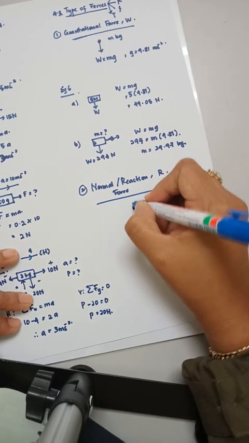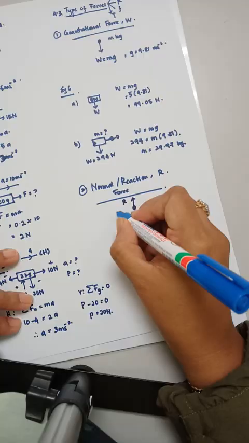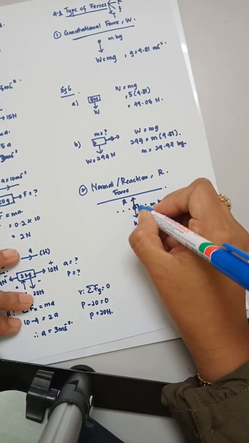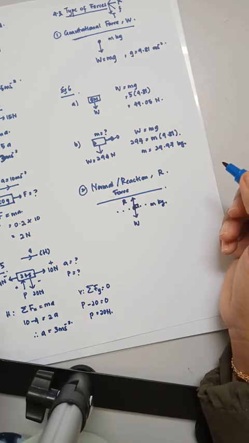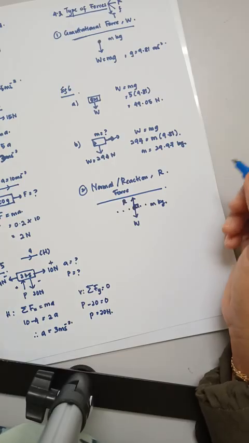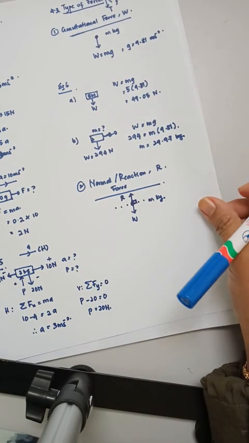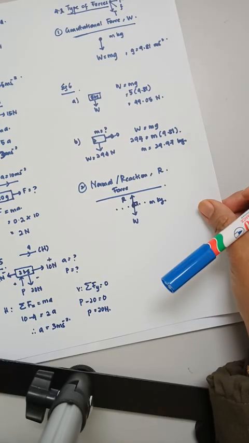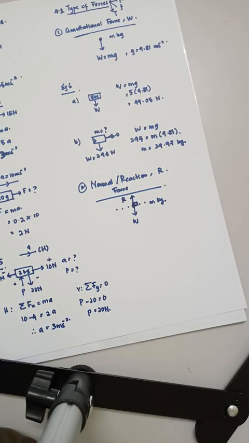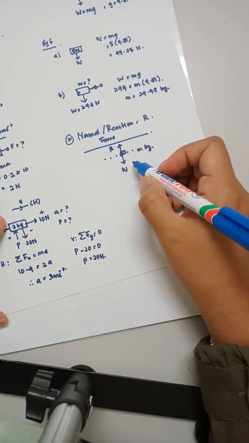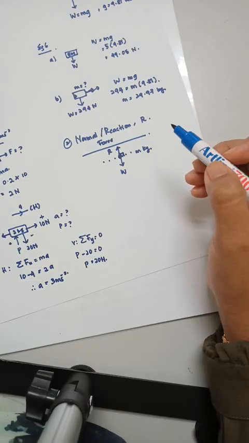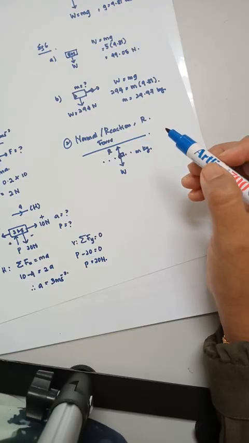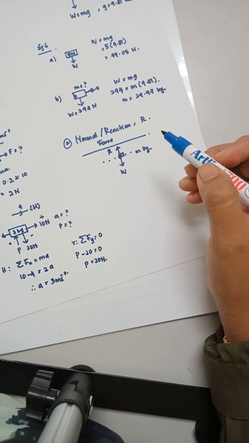The reaction force acts on that mass, perpendicular to the surface, and it is opposite to the weight. There are two cases for reaction force: the horizontal surface or the inclined surface. For the horizontal surface, you have R and W. The action is the weight of an object exerted on the horizontal surface, and the reaction is R on the object.